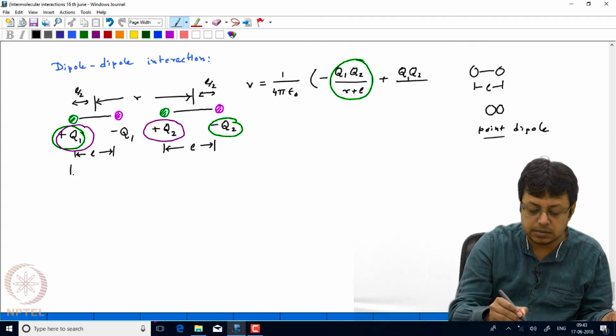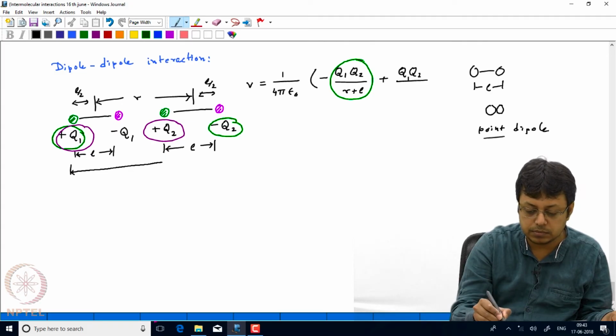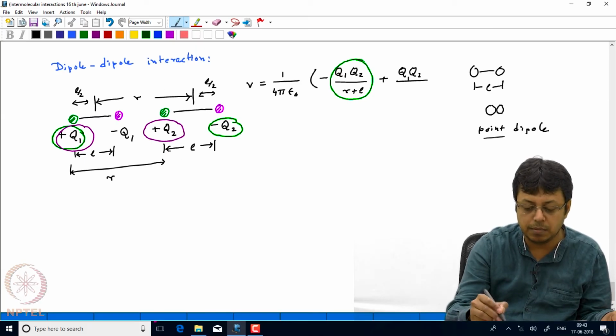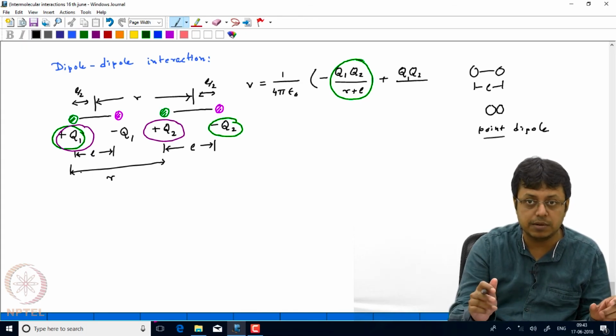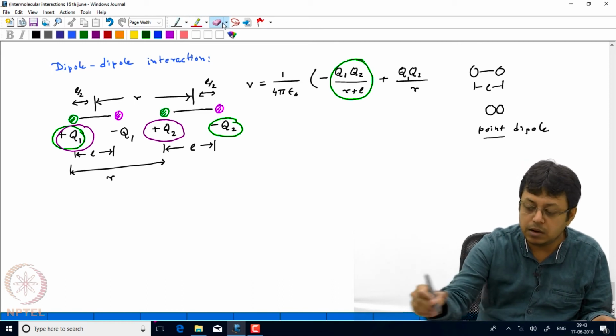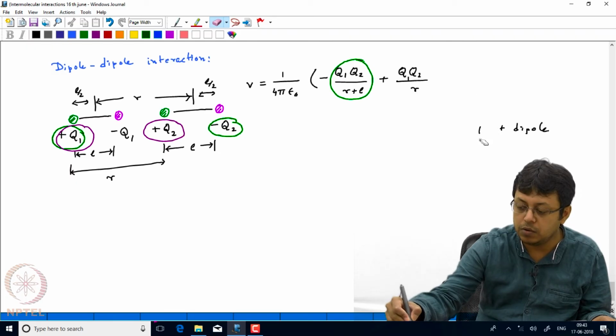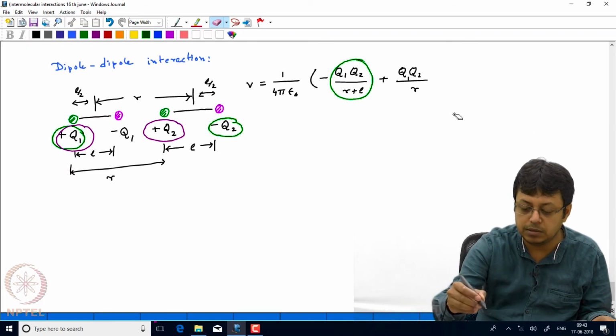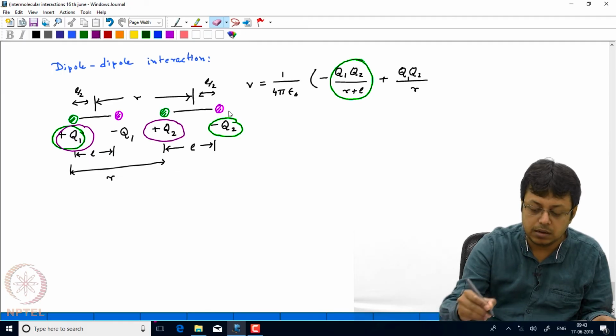This distance will be basically R itself, because this is R minus L by 2, and this is R plus L by 2, so we are adding and subtracting L by 2 from both sides. So, this will be just R. Similarly, we can now work out the interaction potential of the third term.